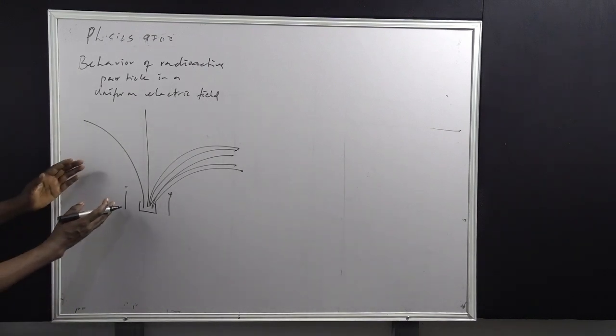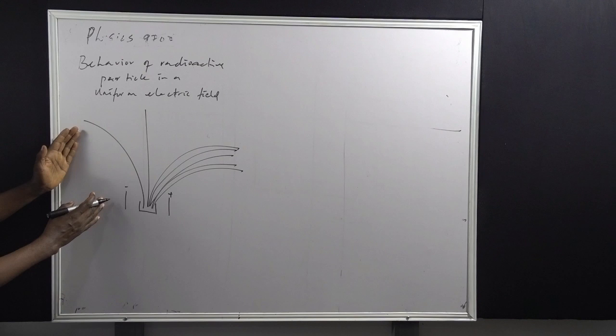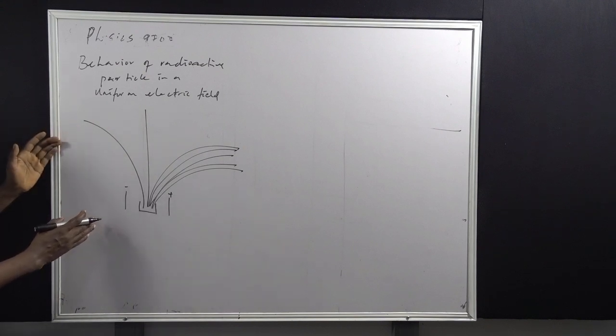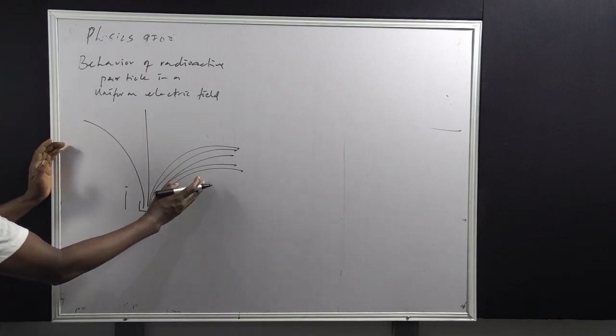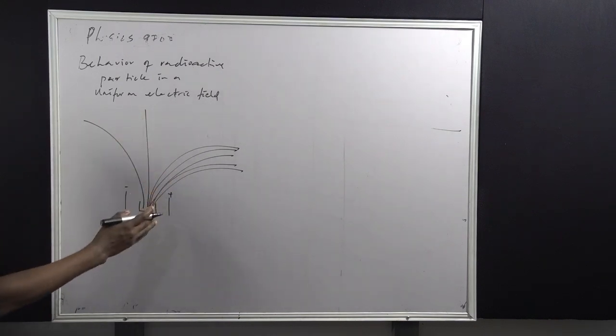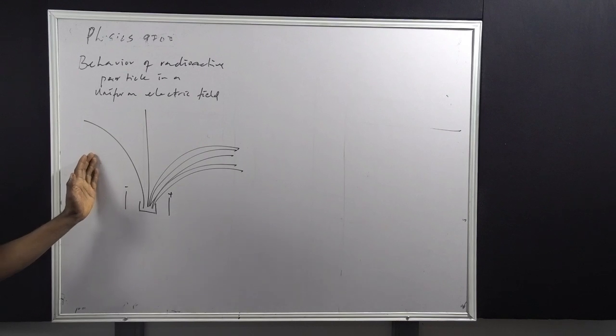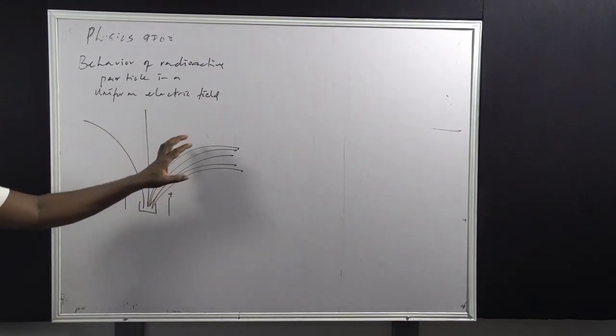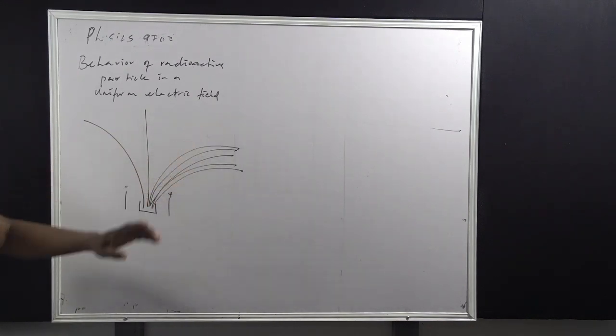The one that is deviated to the negative plate is positively charged. The one that is deviated towards the positive plate is negatively charged. The one that is undeviated has no charge. The one that is slightly deviated is relatively heavier than the one that is heavily deviated.